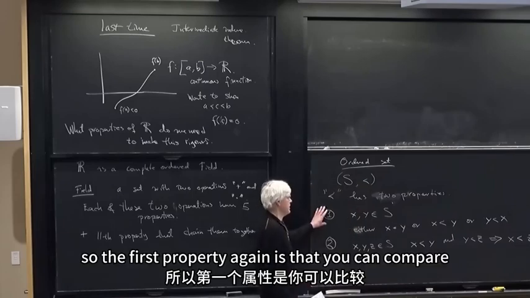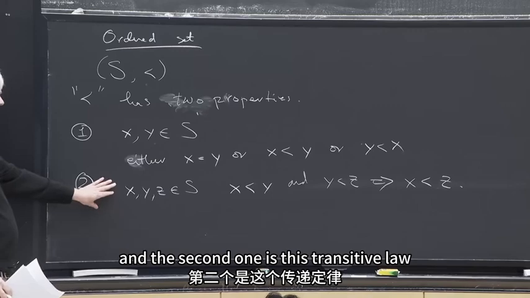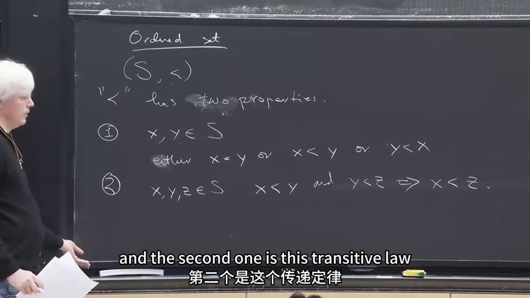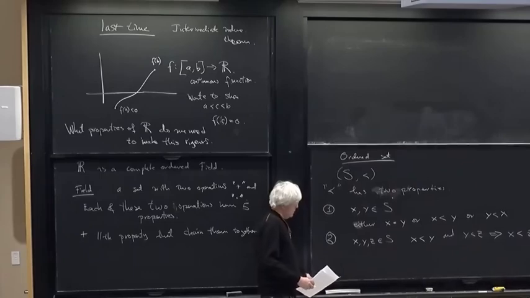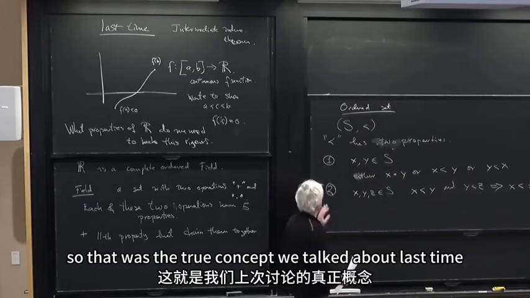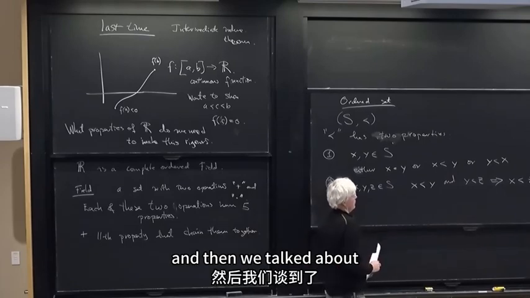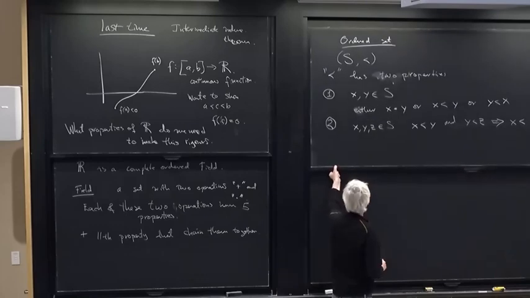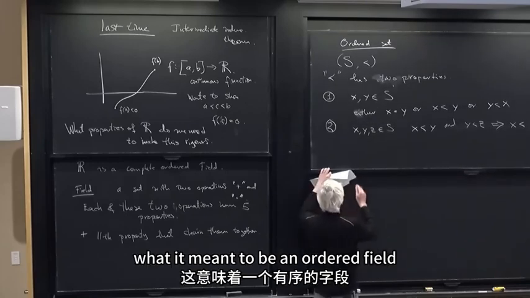So the first property is that you can compare any two elements, and the second one is this transitive law. Okay. So that was the two concepts we talked about last time, and then we talked about what it meant to be an ordered field.